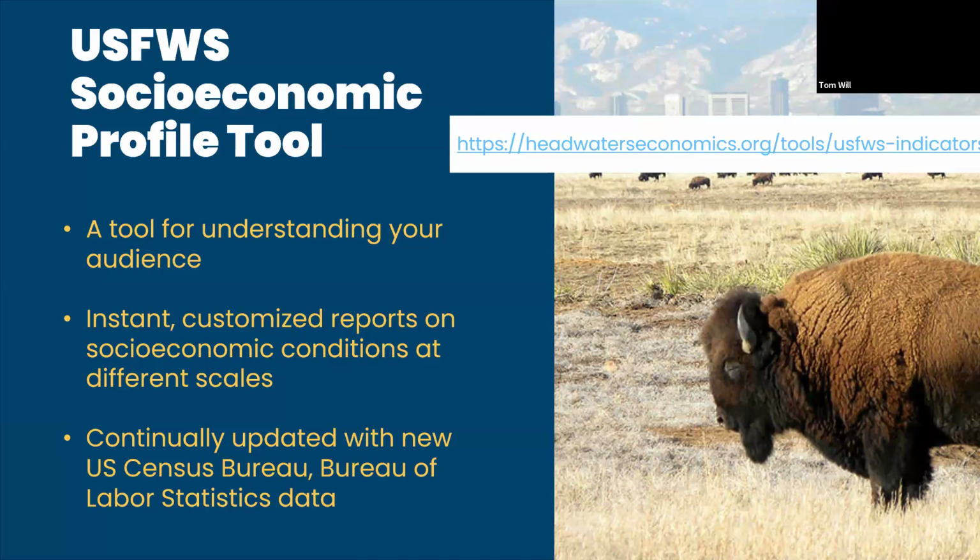And this information has a lot of different applications. To name a few, it can help us predict support for or opposition to conservation action. It can help us understand what our audience needs or values. It can help us anticipate challenges to engaging people in conservation, especially underrepresented or hard to reach segments of the population. And it can help us understand land use change and drivers of economic change.